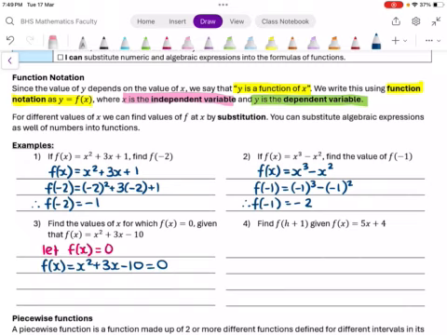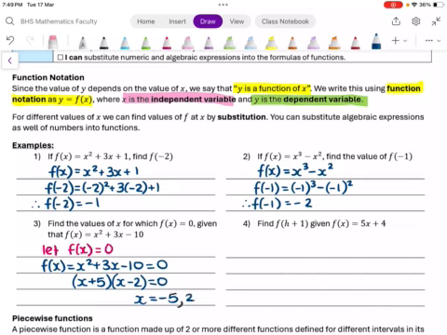From here, in order to solve for x, we are going to factorize. Our factors of negative 10 that add to give 3 are 5 and negative 2. So we'll get that x plus 5 times x minus 2 equals 0, meaning that our values of x are negative 5 and positive 2.